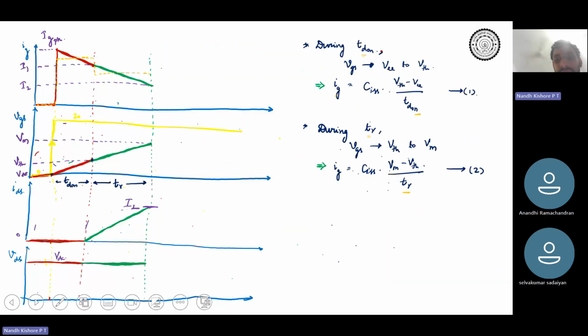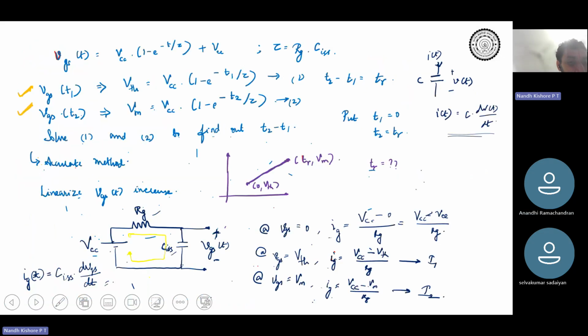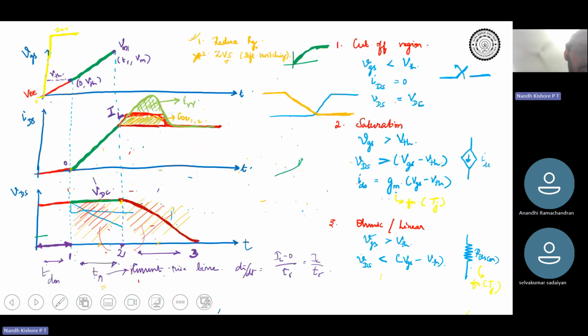Okay, so then we will go on to the next interval. Fine. So the next interval is to understand what happens once your drain current has increased to IL, right? Then what happens?